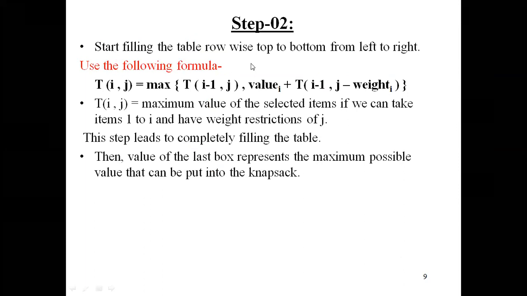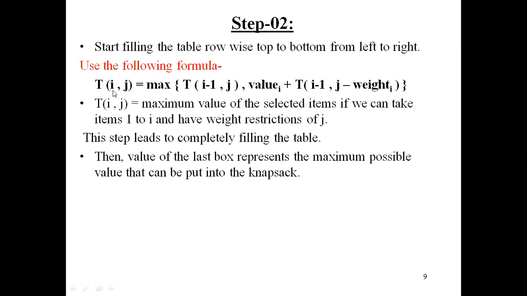So start filling the table row-wise, top to bottom, from left to right. That is step 2. In step 2, we want to fill the rows of the table. So use the following formula: T of i comma j, where i means row and j means column.